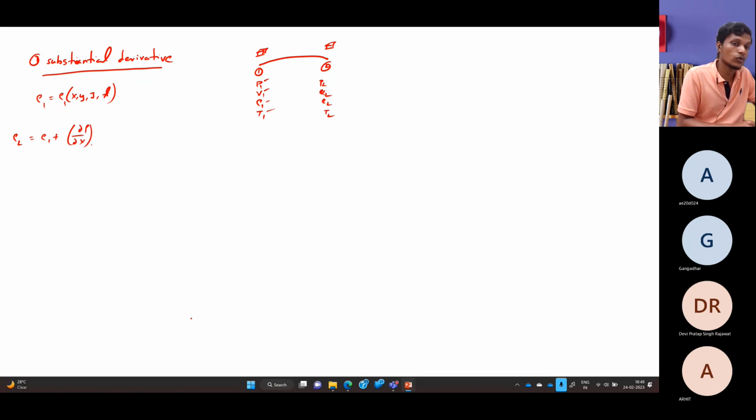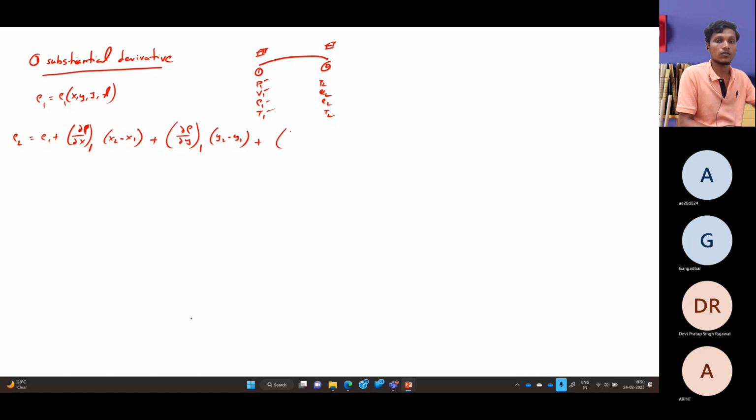So at point 2, we can write rho 2 equals rho 1 plus ∂rho/∂x at point 1, this variation being at point 1, times x2 minus x1. We can also write it as Δx, the distance x2 minus x1. In the same way, ∂rho/∂y, also at point 1, times the change in distance.